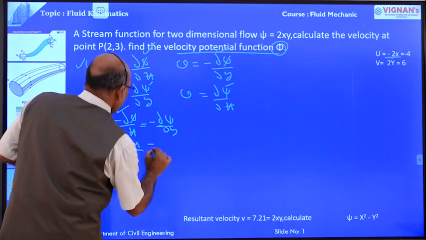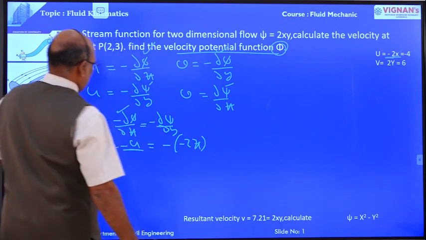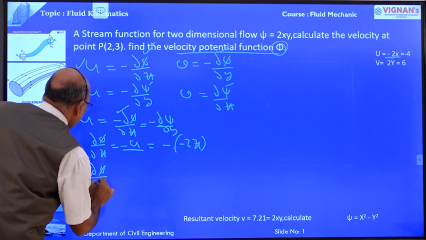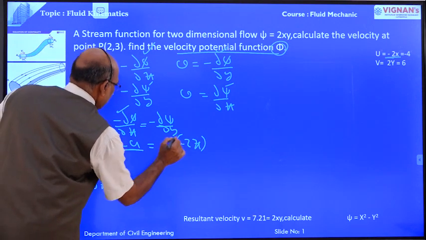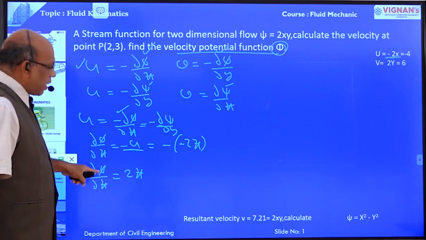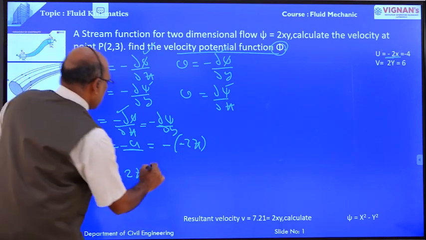This is equal to minus of minus 2x. Therefore dou phi by dou x is equal to plus 2x. Now this equation we integrate with respect to x.